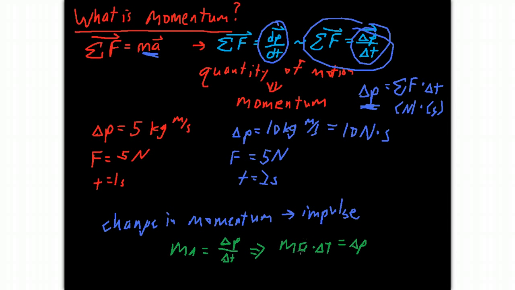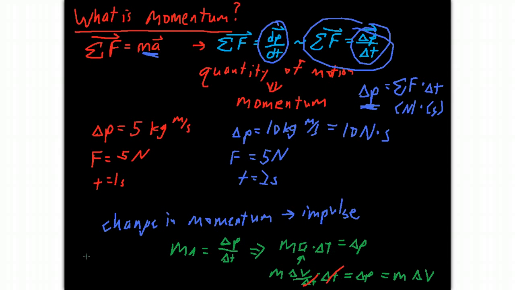Well, this acceleration is nothing more than the change in velocity divided by the change in time, so mass times change in velocity divided by the change in time times the change in time equals the change in momentum. So I can cancel out these times, and I wind up with the change in momentum equals mass times change in velocity.